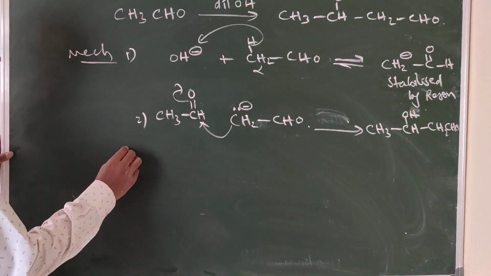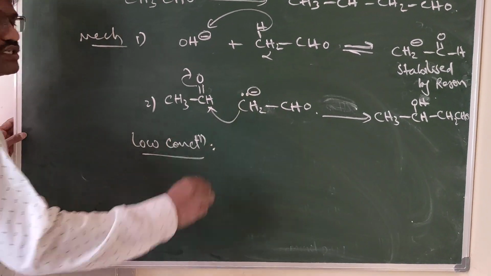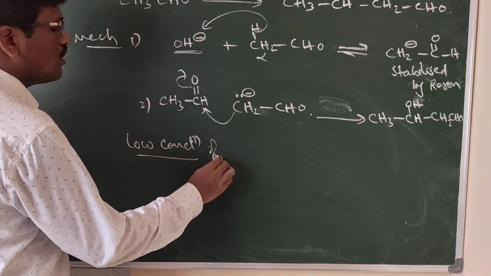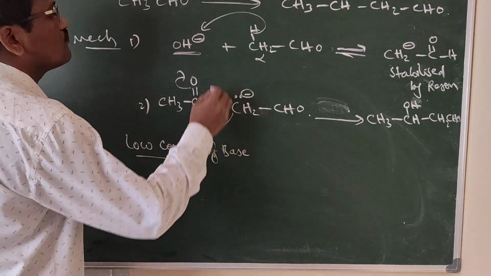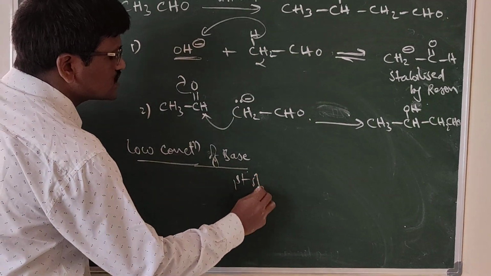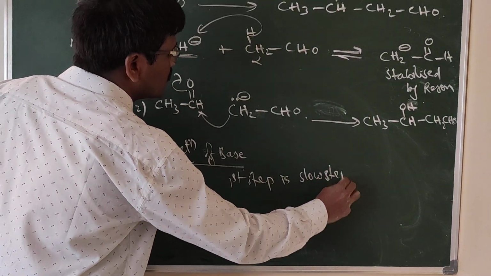If we maintain a very low concentration of the base, that is, very dilute conditions, what happens? The first step is very slow. The first step is considered the slow step or rate determining step.